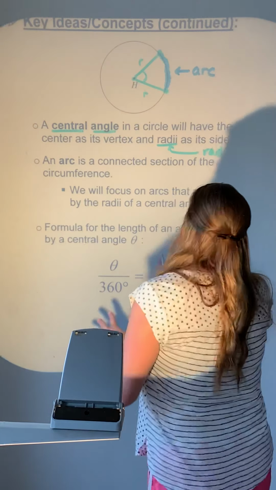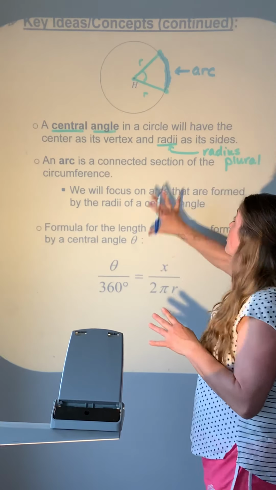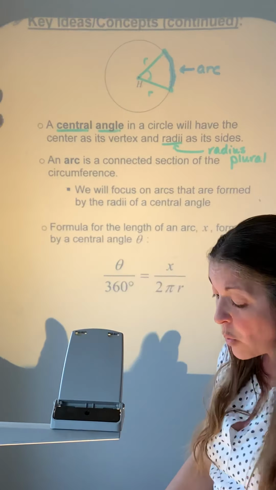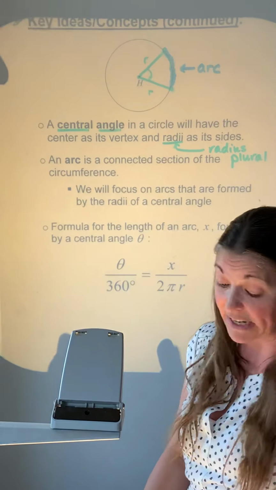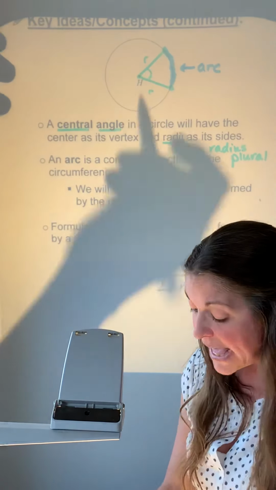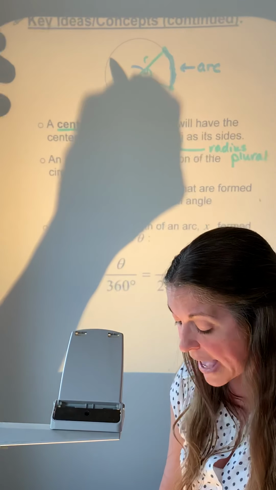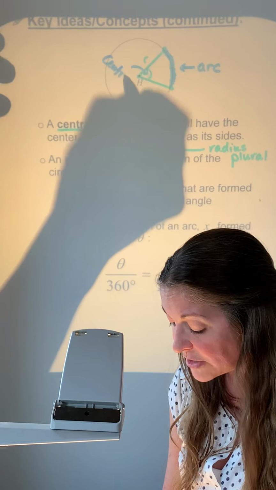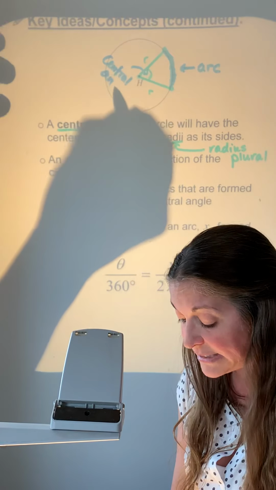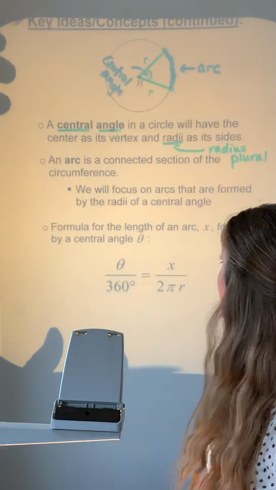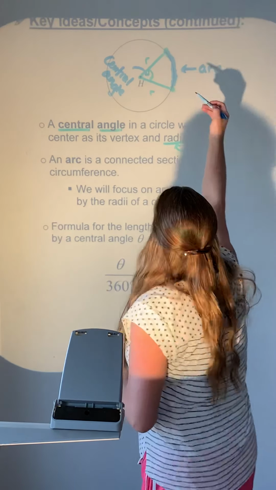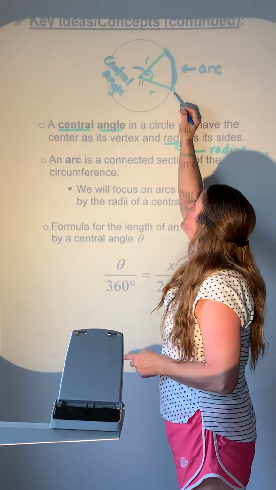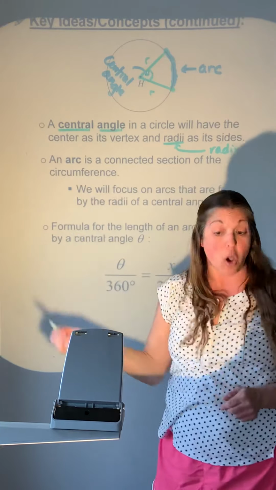And for our purposes, we're going to only focus on arcs that are formed with that central angle and two radii, okay? And again, this is called a central angle because its vertex is the center. So the central angle is that little bit that's formed there. And again, connecting those two sides there, that's what we call an arc.